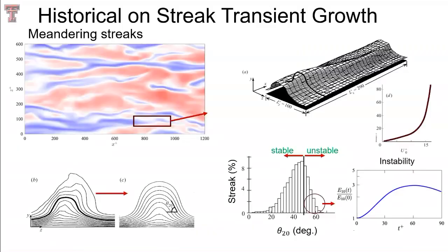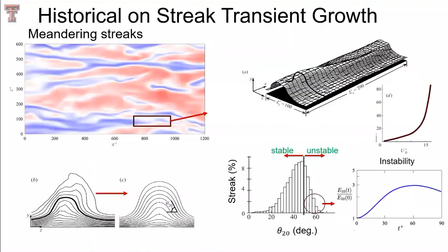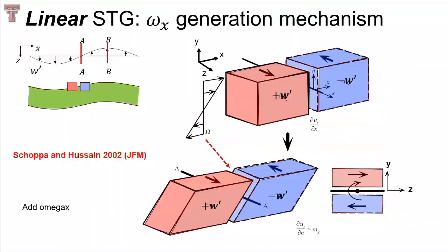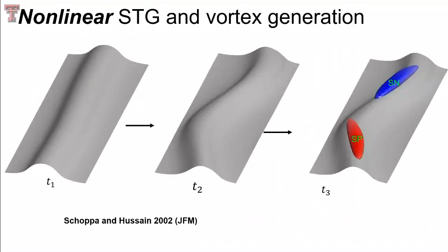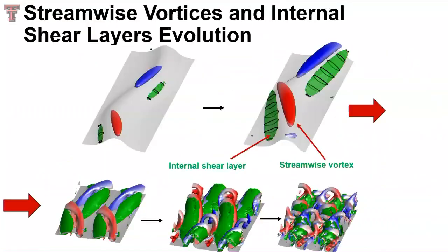And of course, there is the study of transient growth in turbulent boundary layers, where he showed that even though all perturbations are decaying, a perturbation can actually increase through this transient growth mechanism, even generating streamwise vortices that are essential to near-wall turbulence.